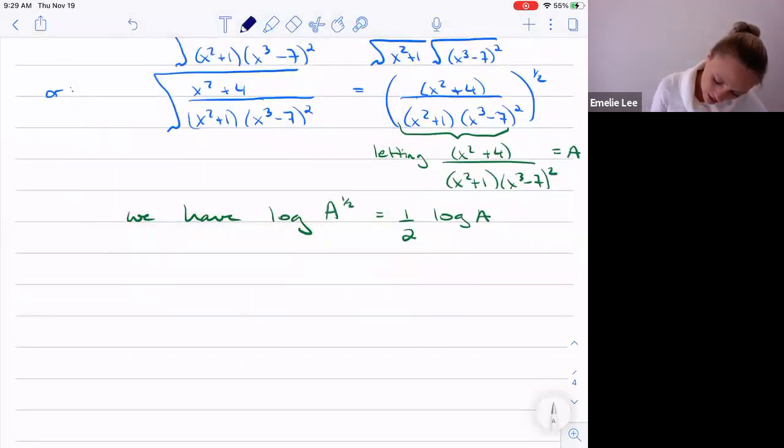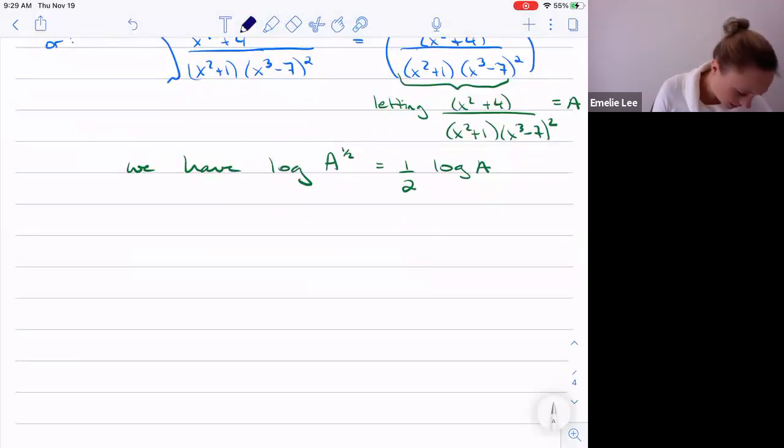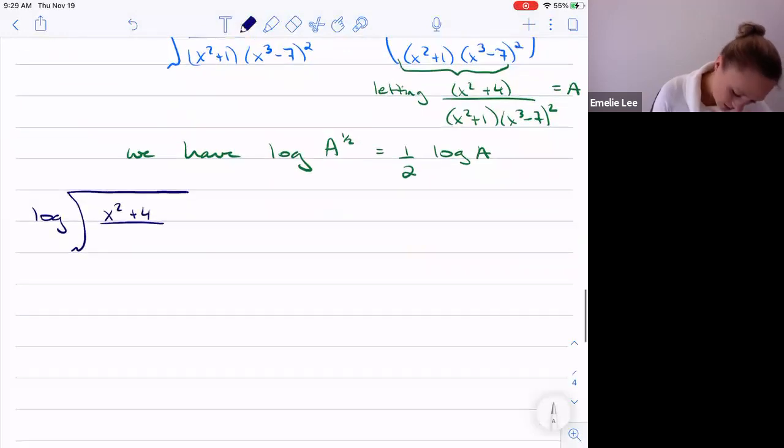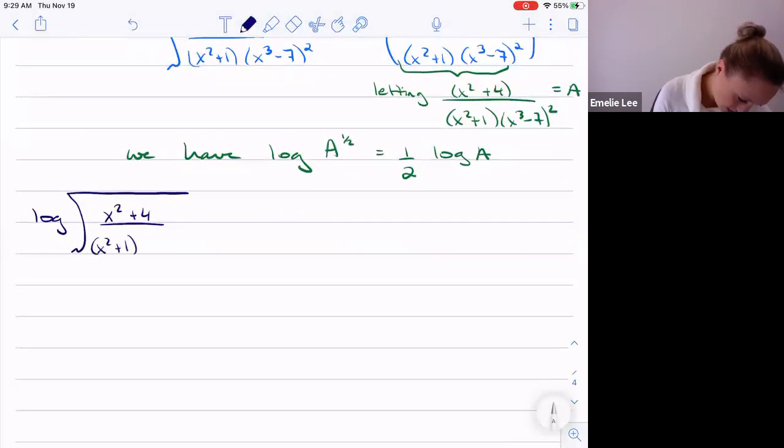Okay. So what we can do, let's write it out again here, is that we've got the log of the root of x squared plus 4 over x squared plus 1 times x to the 3 minus 7 squared is the same.